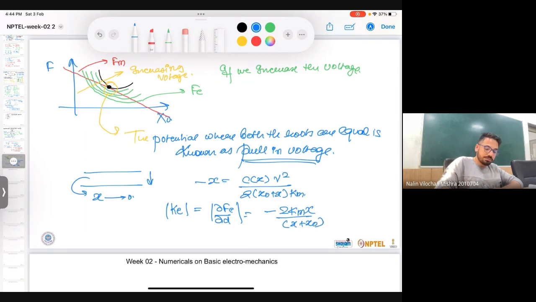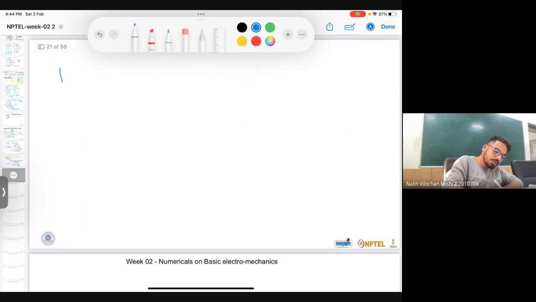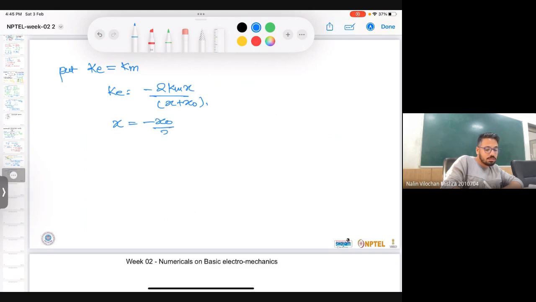And what we will do, we will put Ke equal to Km, so it will be minus 2 Km (x plus x naught). And after solving Ke equal to Km, you will get the value of x as minus x naught by 3.